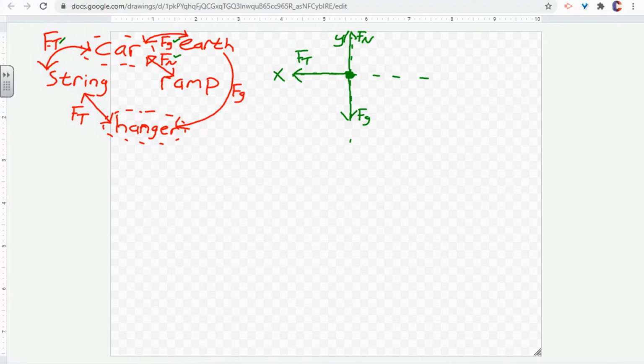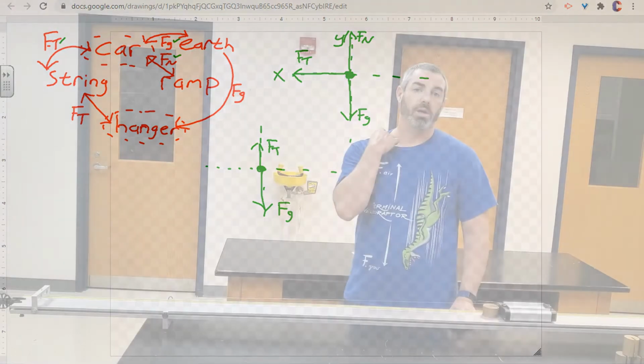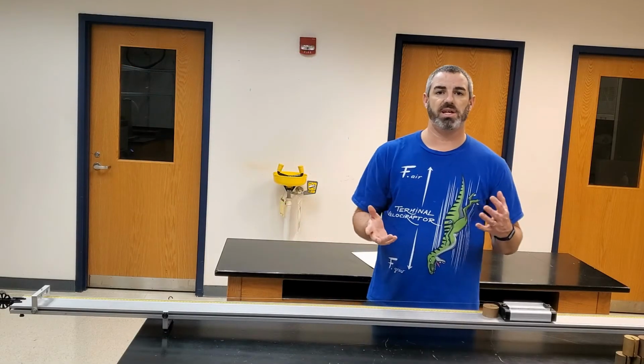And the hanger is accelerating downward, which means that we have this gravitational force on the hanger, but the upward force of tension is going to be smaller because it is accelerating downward. Okay, so we have this acceleration going on for our free body diagrams. We can see the car is accelerating, and we can see that the hanger is accelerating. All right, so we could see the free body diagram.